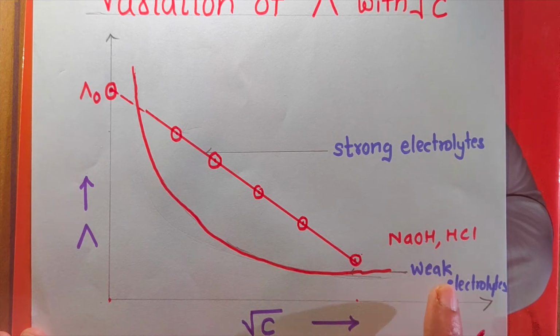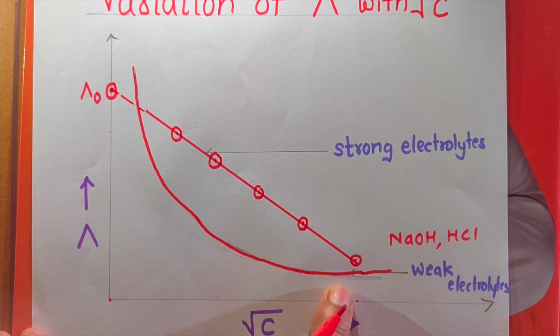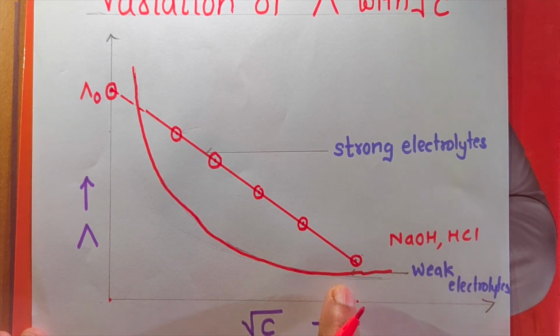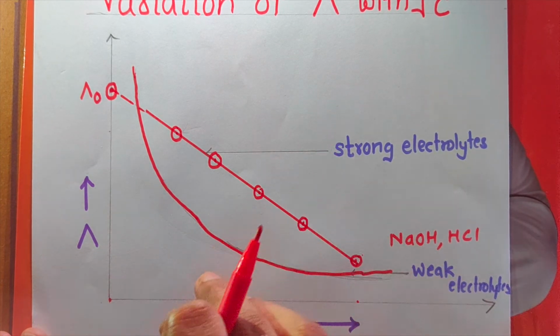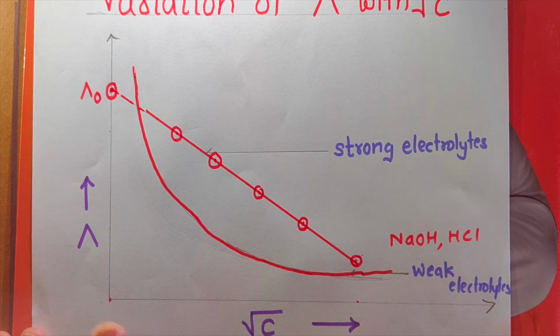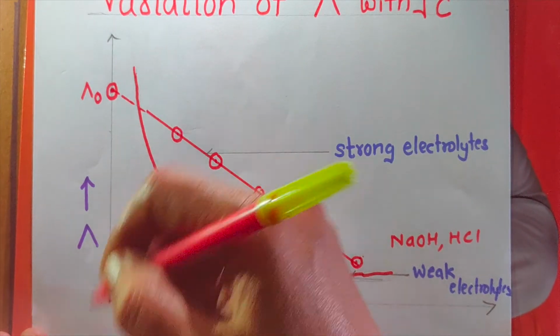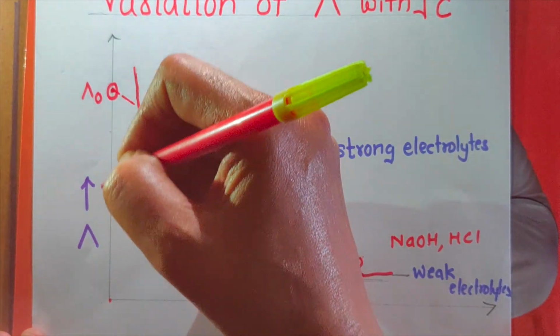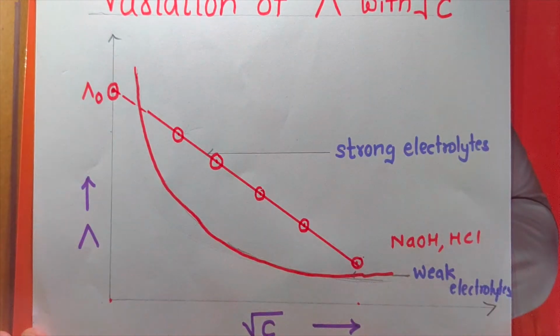So remember, for weak electrolytes molar conductivity also increases with increase in dilution, but the nature of this graph is different. For weak electrolytes we cannot extend this curve and find the value of lambda 0.